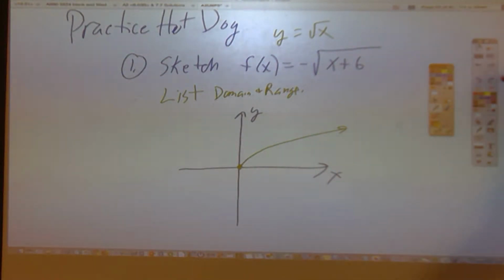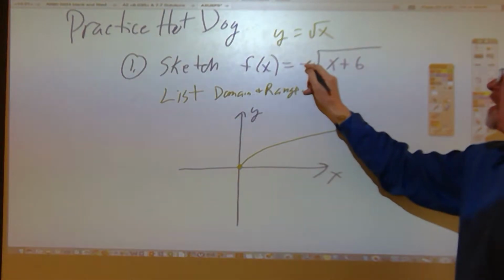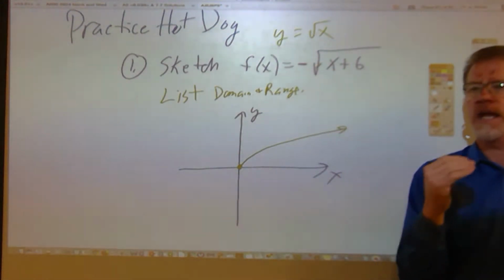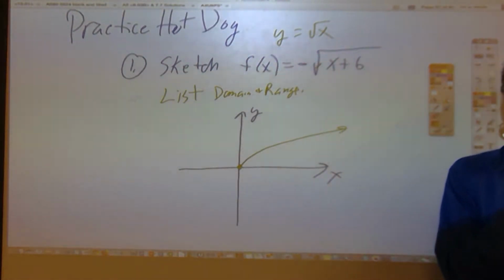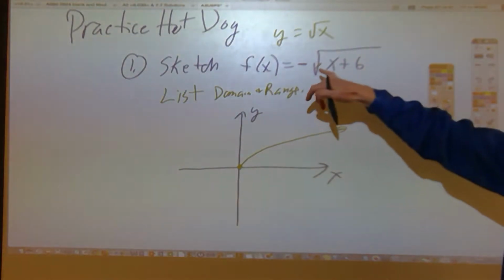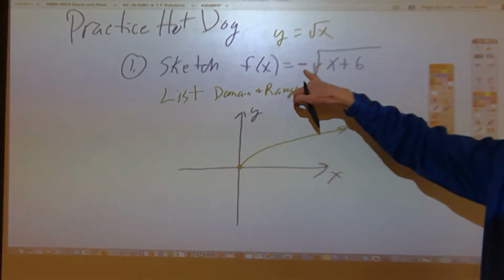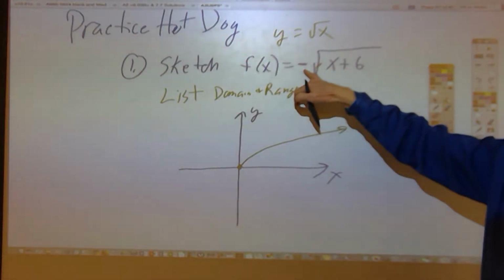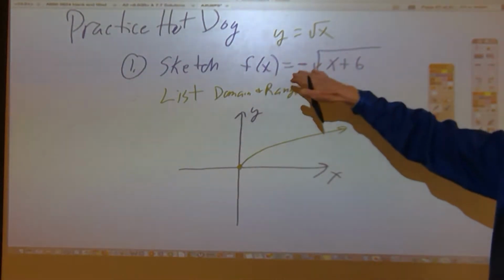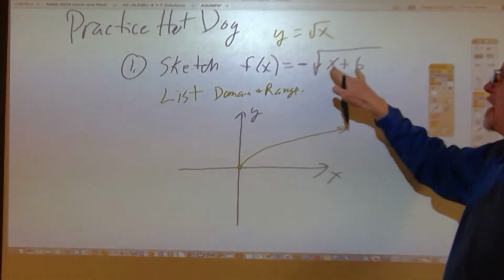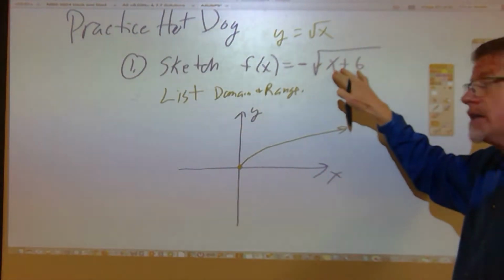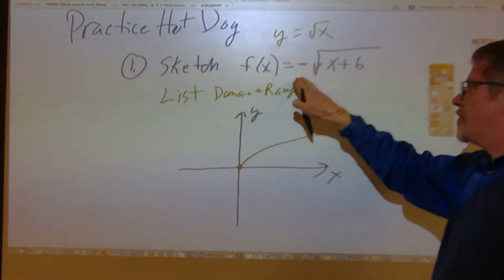In particular, what transformation is caused by this negative sign out front? Sophia, what would your interpretation be for this? Yeah, so essentially that negative sign is not influencing x because it's outside of the square root. So you could bring it over to the other side.